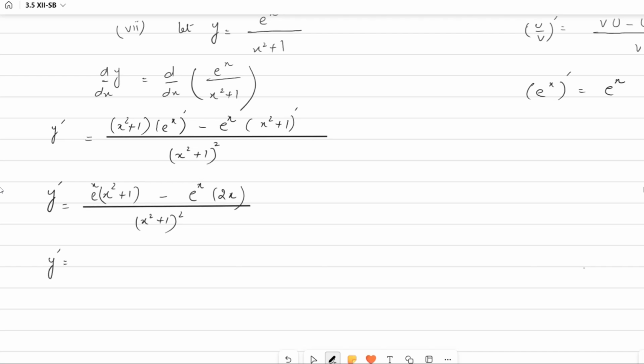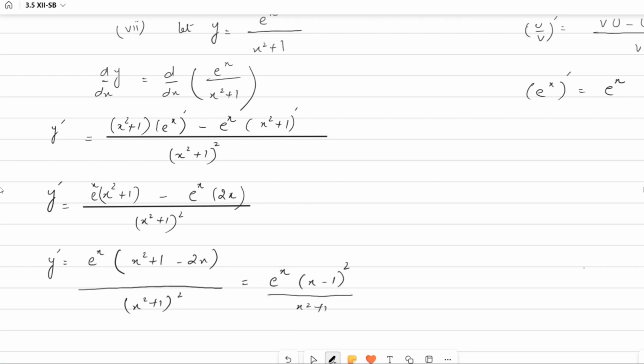And by derivative we can take e raised to the power x common. So the remaining will be x square plus 1 minus 2x, divided by (x square plus 1) whole square. And we can write it as e raised to the power x times (x minus 1) whole square over (x square plus 1) whole square.